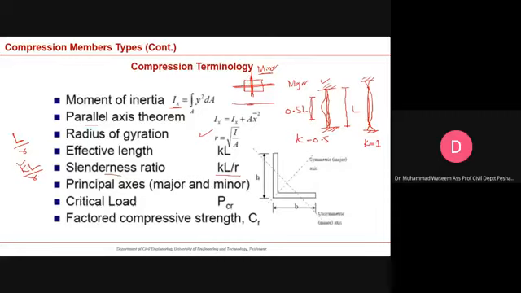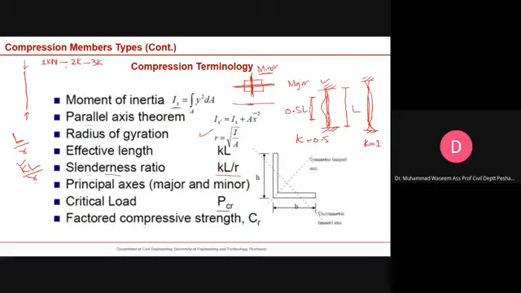There is another thing we call critical loading. Critical loading is that load at which buckling occurs. For example, you have a member subjected to axial compressive loading. For example, the load is 1 kip, then you move on to 2 kip, then 3 kip.